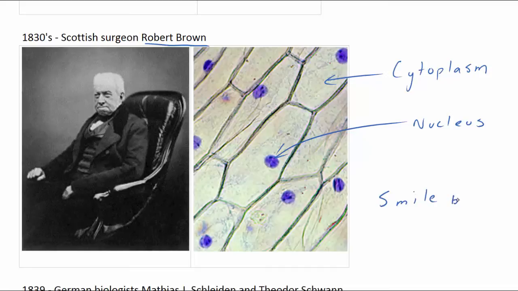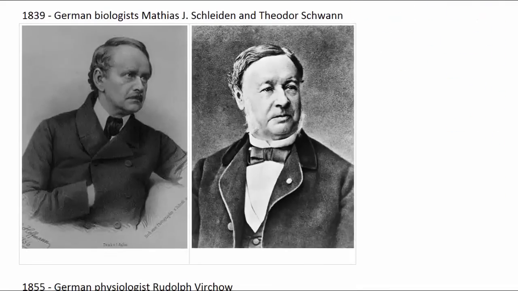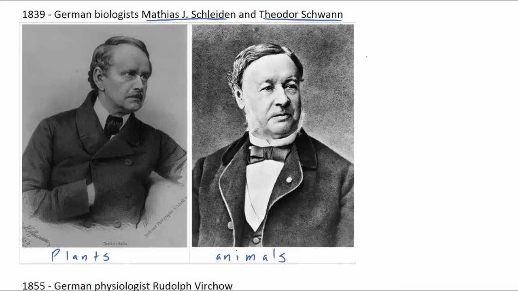Go on. In 1839, German biologist Matthias J. Schleiden and Theodor Schwann proposed a new theory based on many observations made with microscopes. Schleiden first noted that cells were the basic units of plants.